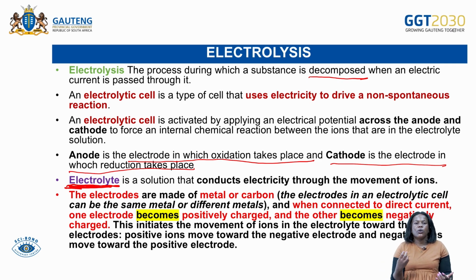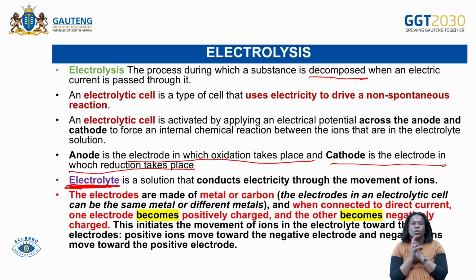So the electrodes are made of metal or carbon, okay? But we're looking for something that's not going to disturb our reaction as it moves forward. And we then connect it to direct current, one attaching it to the positive terminal and the other one to the negative terminal.